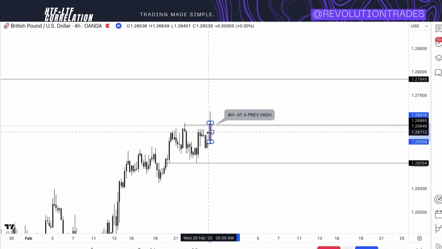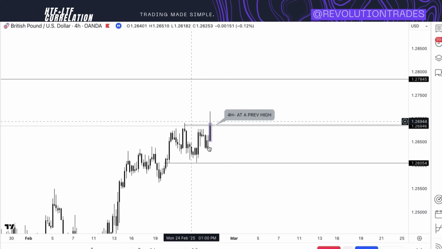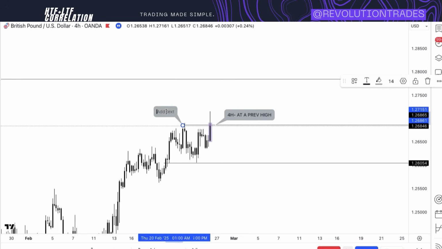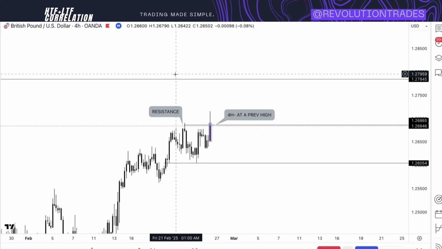It's going to be a bunch of candles on the 15-minute representing that bullish candle, meaning it has to be bullish structure on the lower time frame. So if I was to drop down, we're at a previous high, aka resistance. I want to make that clear. This is technically still a resistance, but overall structure is buys on the higher time frame.